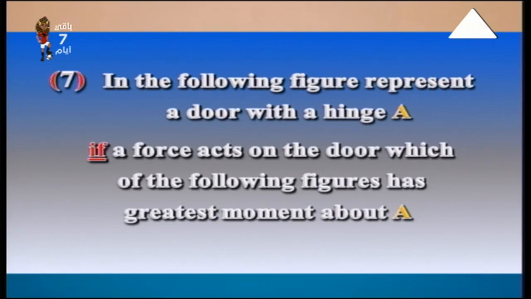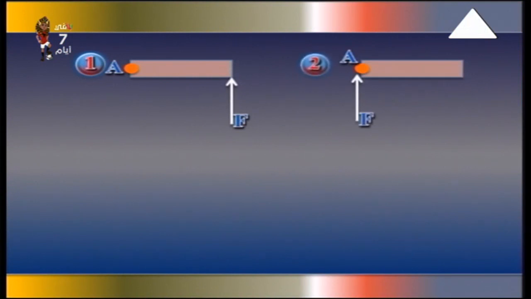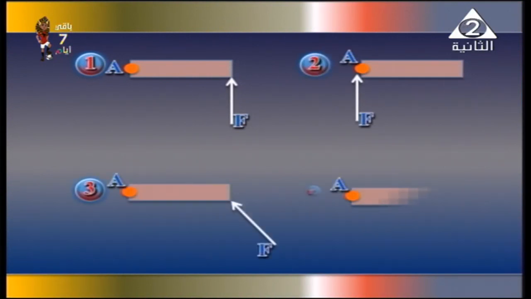My dear student, we have a door with a hinge A. Look at number 1, number 2, number 3, number 4. Which is the correct answer? Number 1. Why? Because the F is perpendicular to the line of action at A.